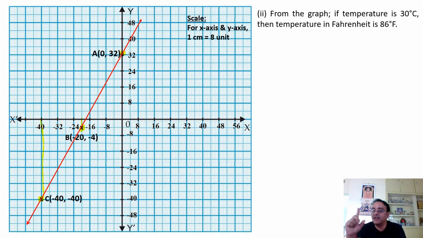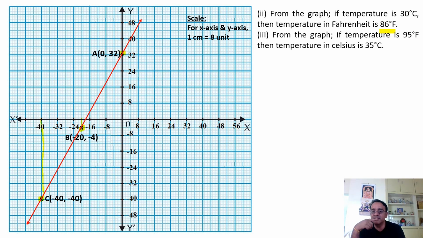Listen carefully, because from the graph it is very difficult. What you can do, you can substitute the value of C and get the value of F. So 30 divided by 5 is 6, into 9 is 54, plus 32 is 86. Like that you have to find the value of F.